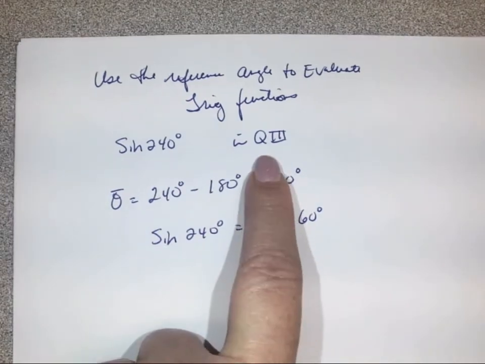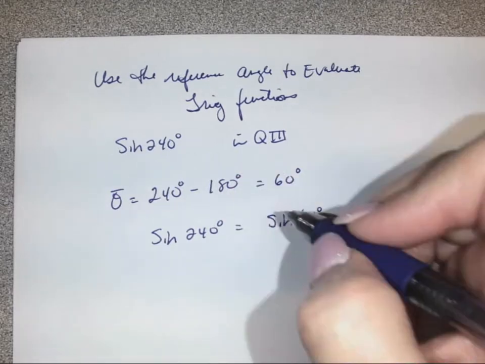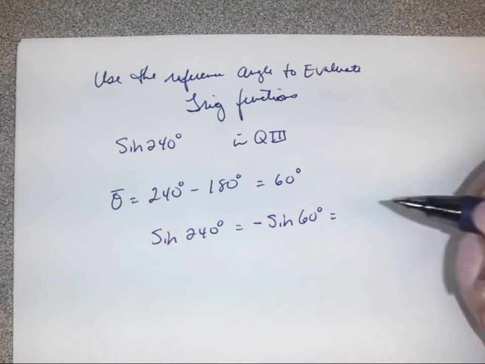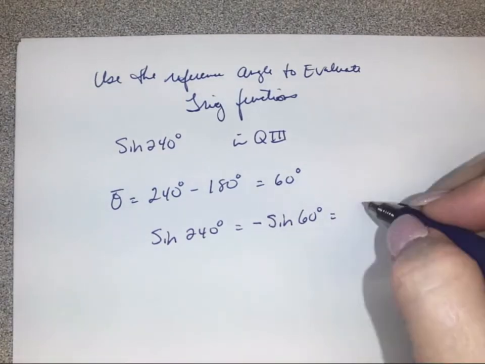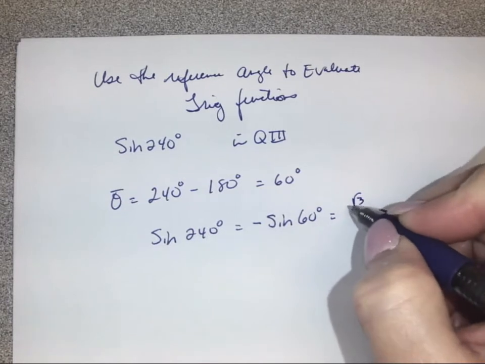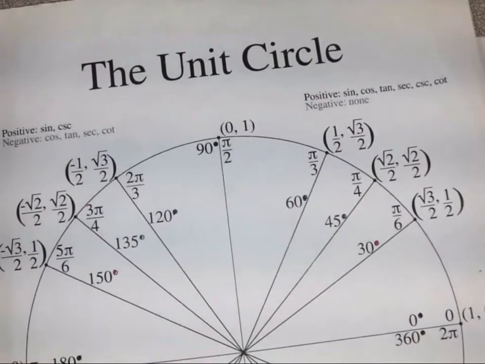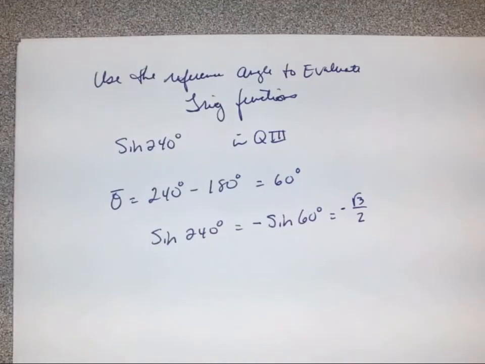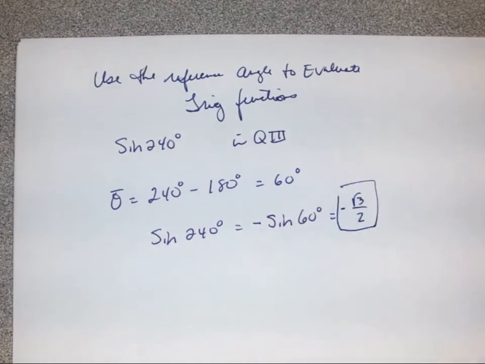Well, in quadrant 3, the only things that are positive are tangent and cotangent, so we know it will be negative, the sine of 60 degrees. And from our unit circle, we know that the sine of 60 degrees is the square root of 3 over 2, and we'll attach that negative sign. So again, I'm telling you, we're going to use these a lot. You need to know what these values are because it will make things a lot easier for you. And that would be your answer.